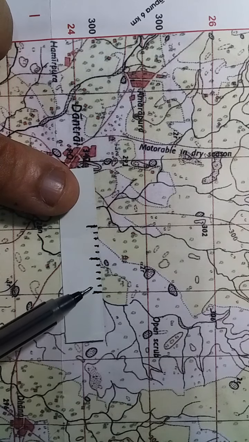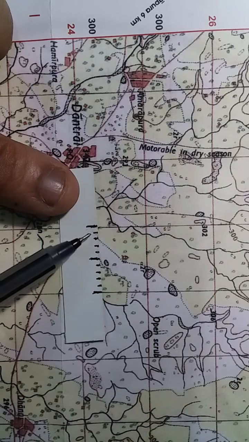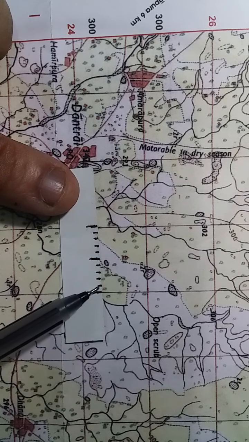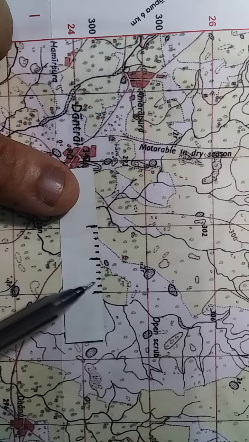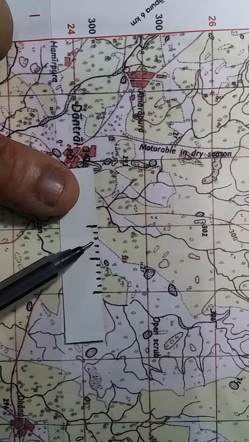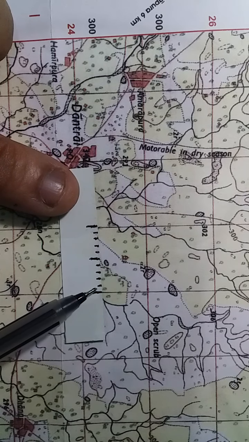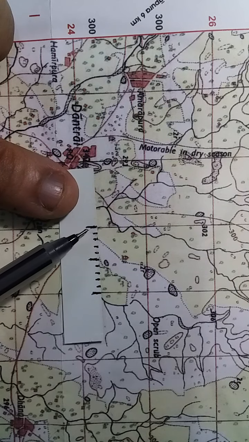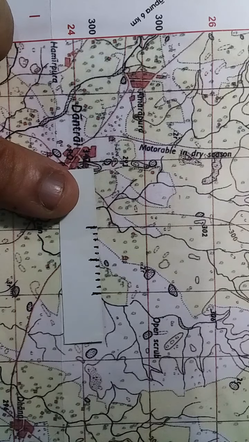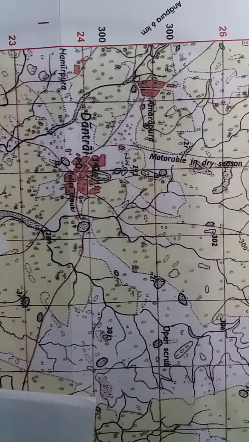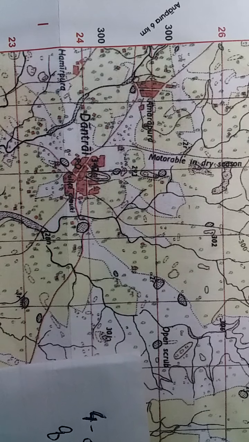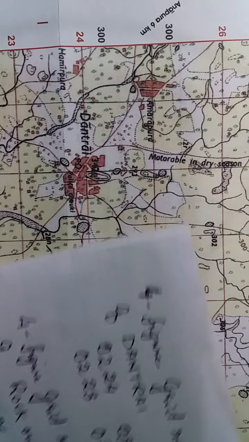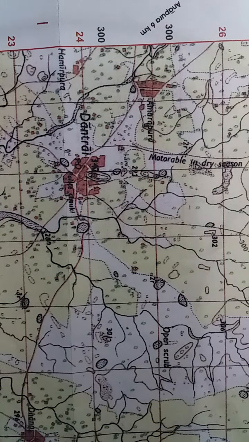This is 2 centimeters apart, and the distance is equally divided into 10 equal divisions. Now to find the six-figure grid reference, first we have to find out the four-figure grid reference.